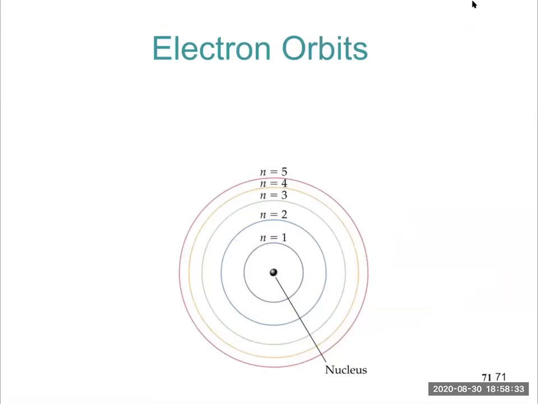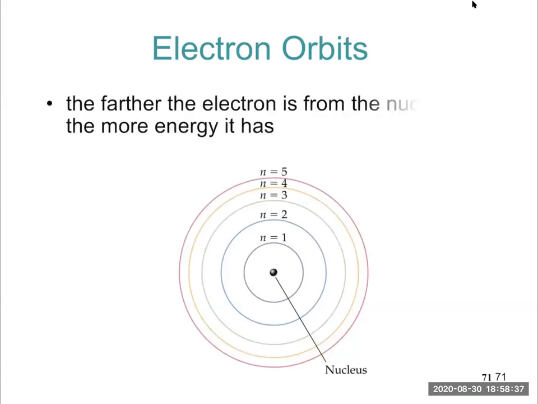Now, this is pretty much how it looks. This is the nucleus, and N5 has more energy than N1.